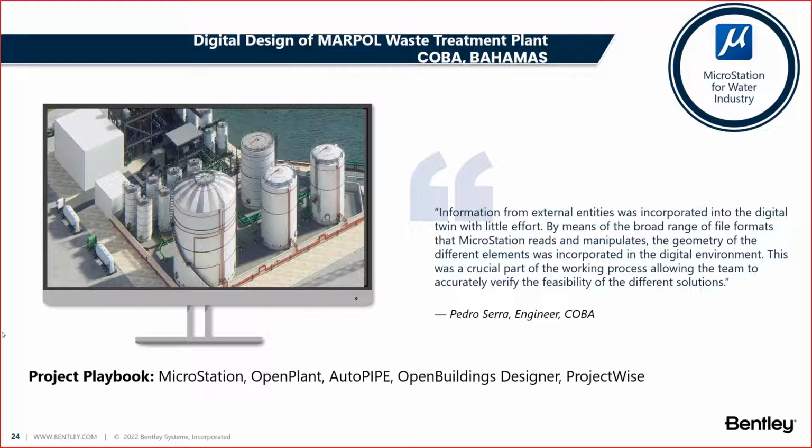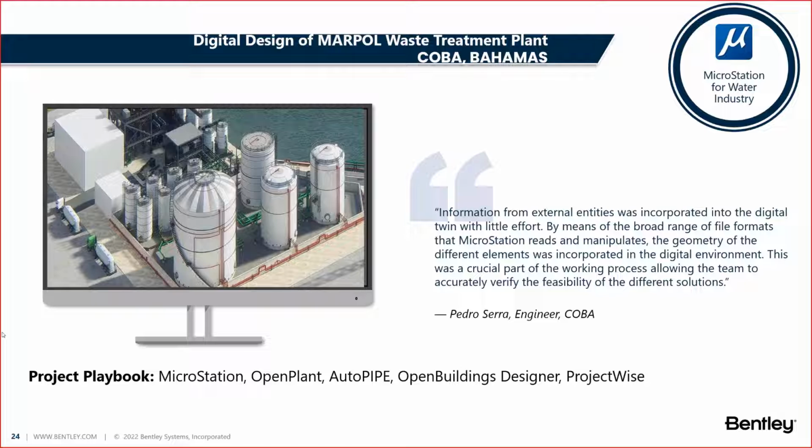The multidisciplinary design team faced a limited footprint with a complex piping layout. So OpenPlant and AutoPIPE helped model and analyze design alternatives for the piping and equipment. OpenBuildings Designer was used to identify and resolve conflicts between the piping layout and structural elements.